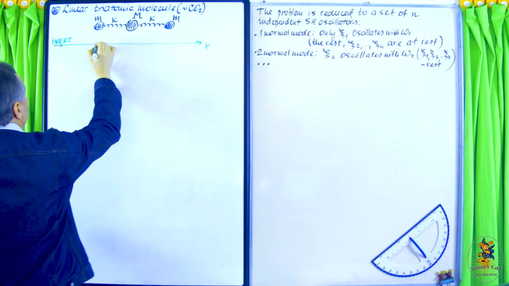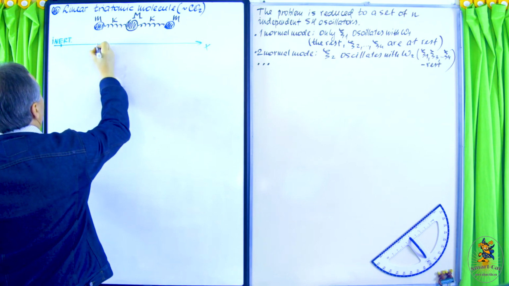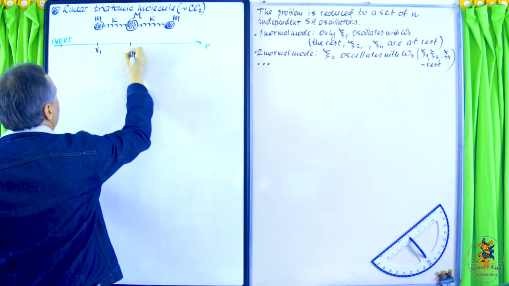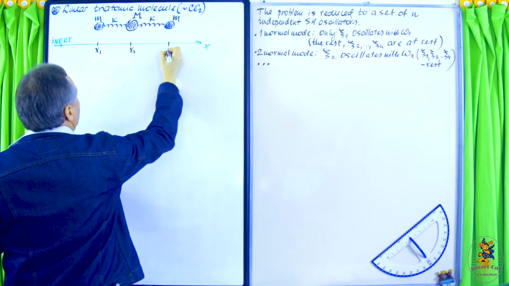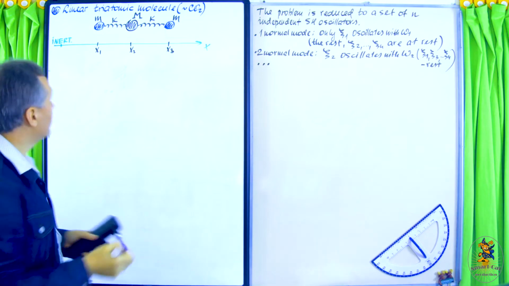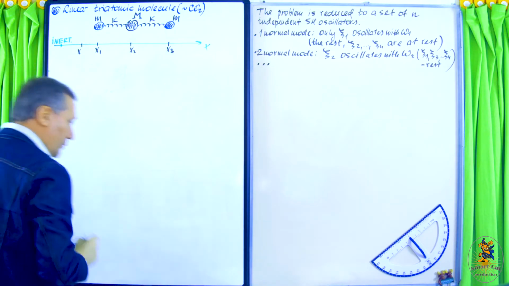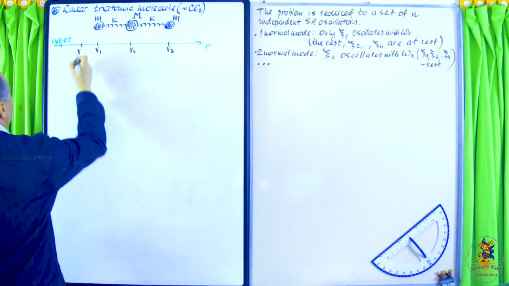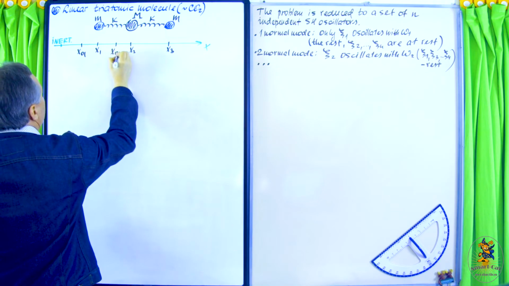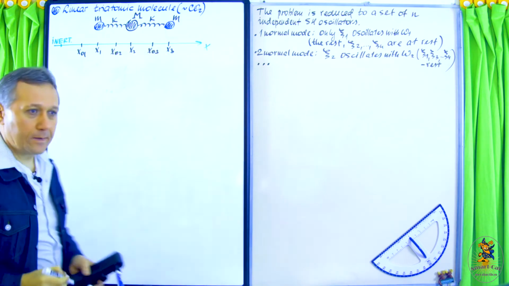And so let's say this is the current position of this particle, x1, the current position of this particle, x2, and the current position is x3. And of course, we need to know the equilibrium points. Let's say the equilibrium point of this one, which way do I label it? 0, 1, okay? x01, this will be x02, and this is x03.